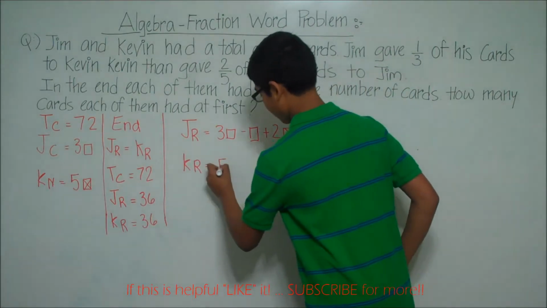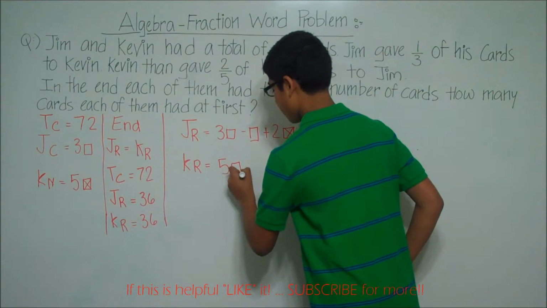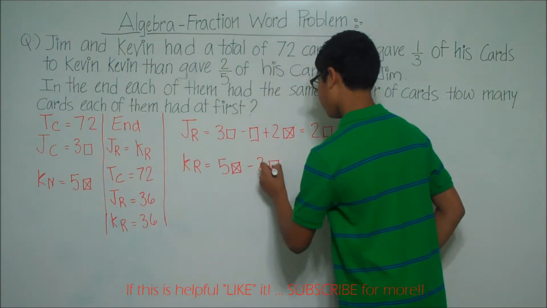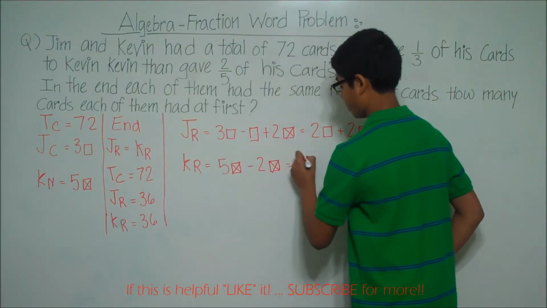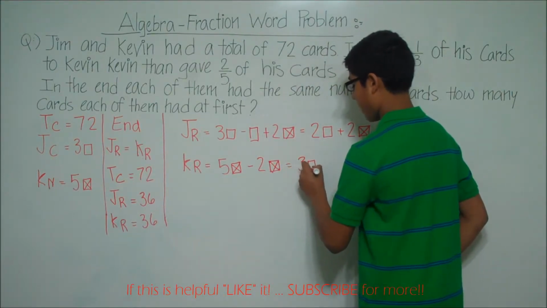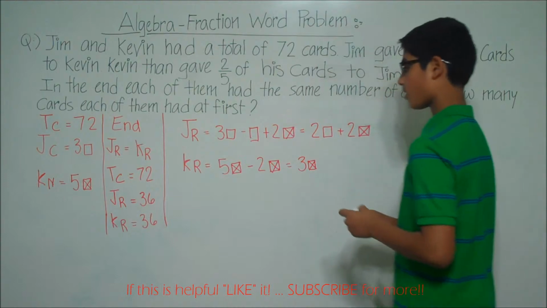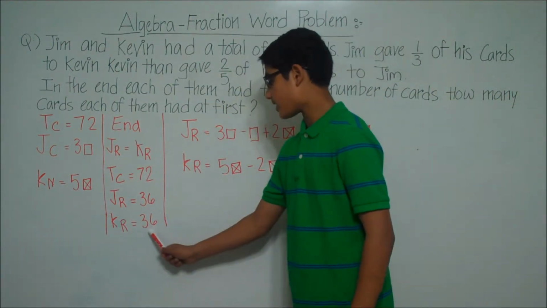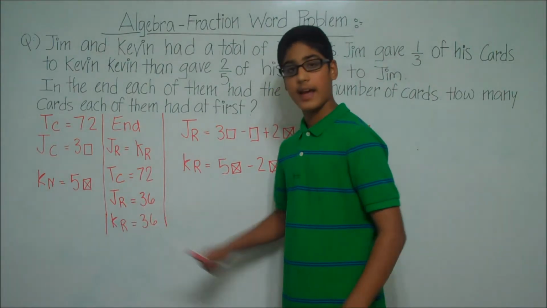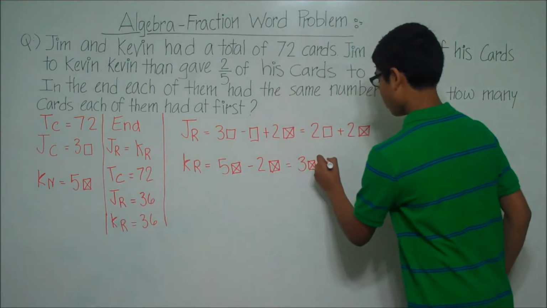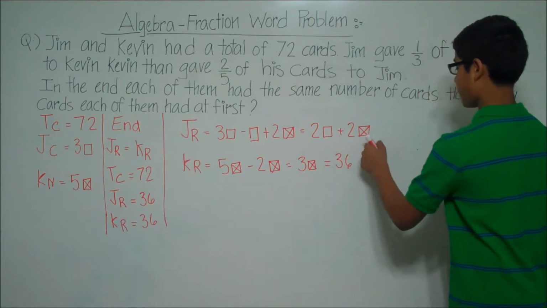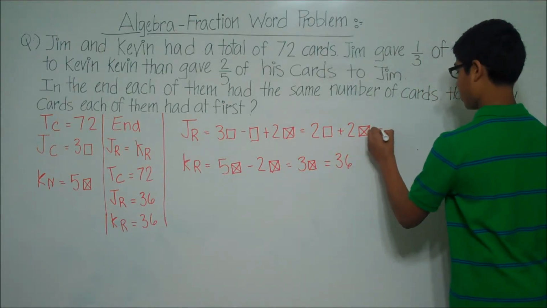So you get 5 boxes minus 2 boxes, which is equal to 3 boxes. Now we know that in the end, Kevin has 36 cards and Jim has 36 cards. So 3 boxes is equal to 36, and 2 units plus 2 boxes is also equal to 36.